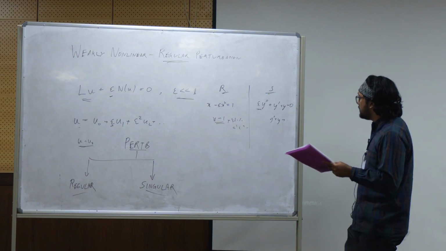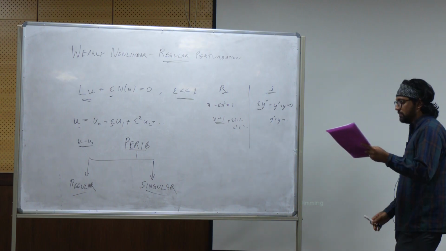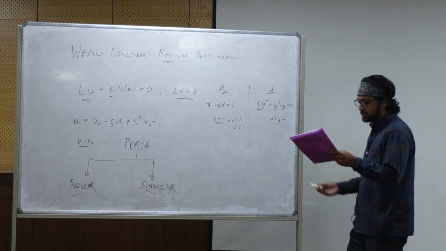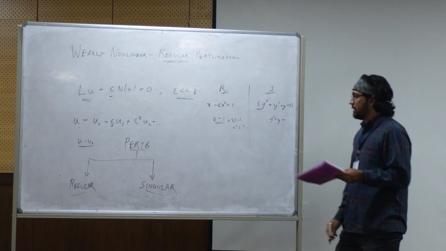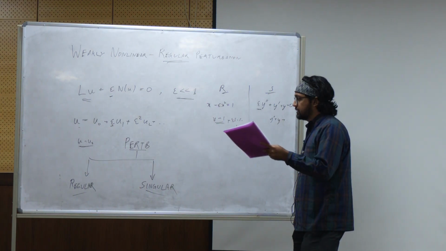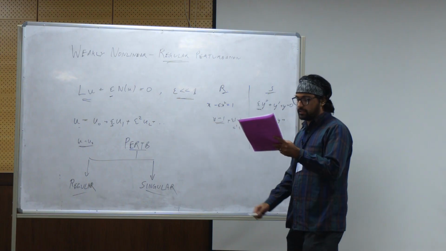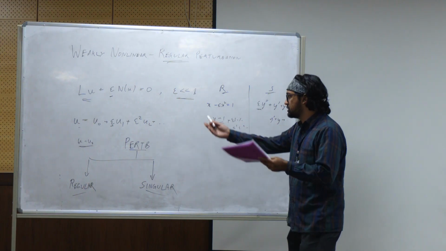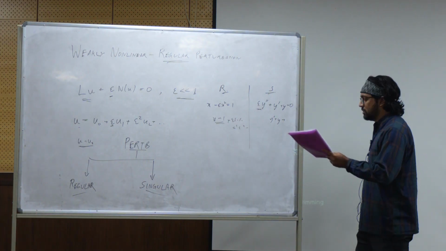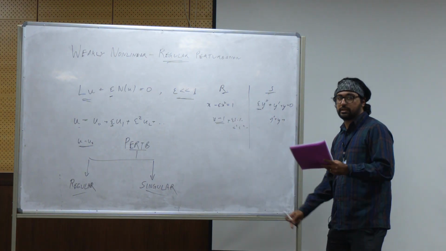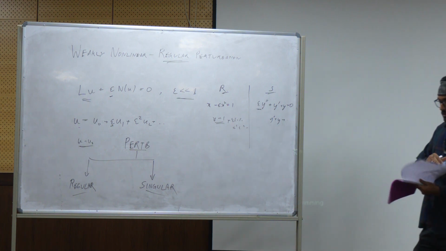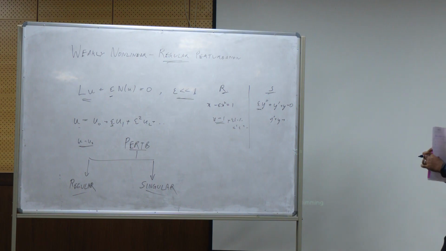Whereas in a singular perturbation problem, it may or may not converge uniformly to the linear solution as epsilon tends to 0. And in a regular perturbation problem, the solution can be expressed as a Taylor series, as in any sort of series, whether it's Taylor or Maclaurin. Whereas in a singular perturbation problem, it cannot be expressed in the form of a Taylor series, at least not in all domains of the problem. So those are the differences between regular and singular.